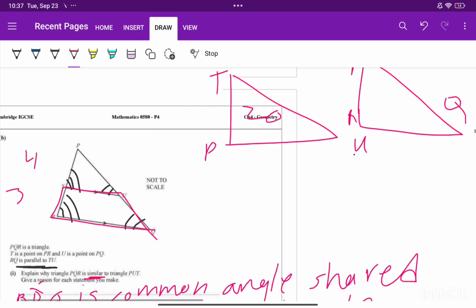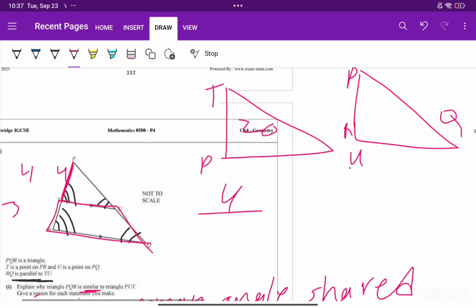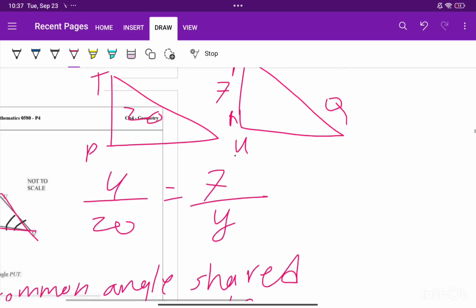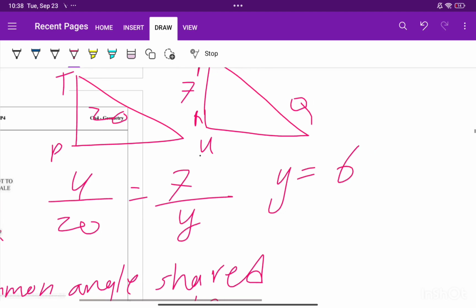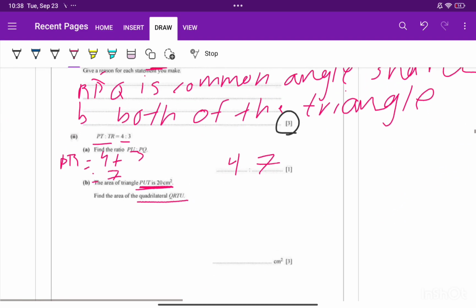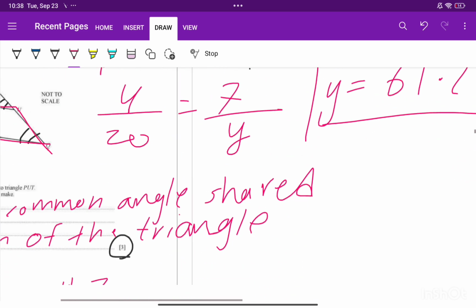So we can use ratio. So 4 is to 7, and the area is 20, and this we know is Y. So Y will be equal to 61.25. This is not our answer because this is the area of the bigger triangle, but we have to find the area of the quadrilateral. So it's easy. We will subtract the smaller triangle area from the bigger triangle area.